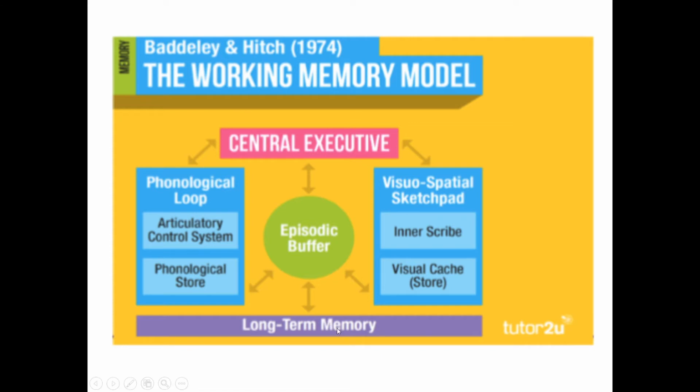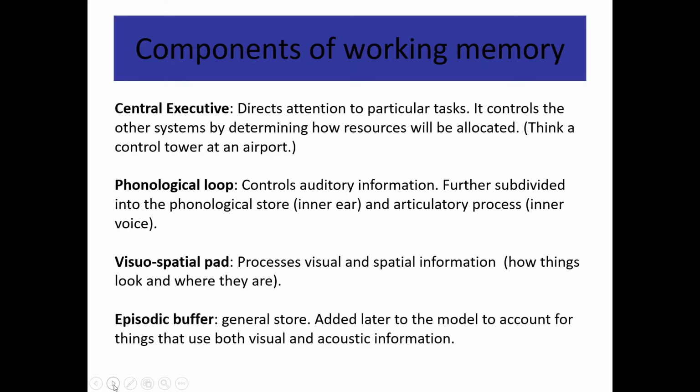So do bear that in mind. This box here is kind of like, well, of course we have a long-term memory, but the model doesn't really acknowledge anything about it, because this is the most interesting bit that it wants to talk about, working memory.